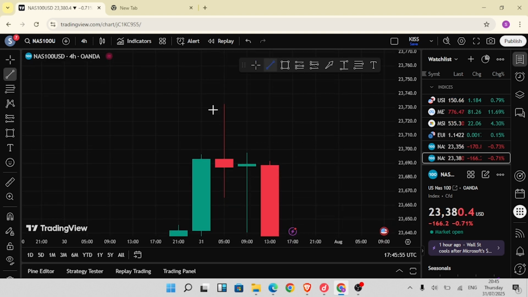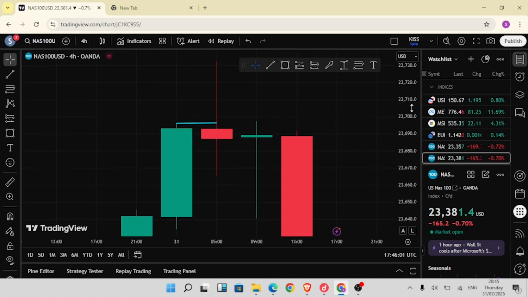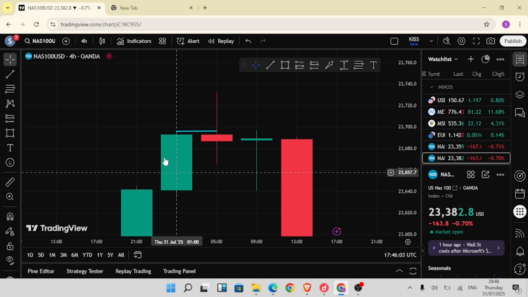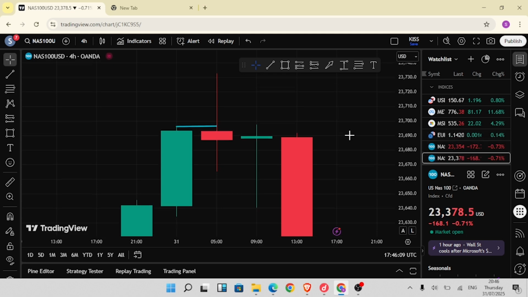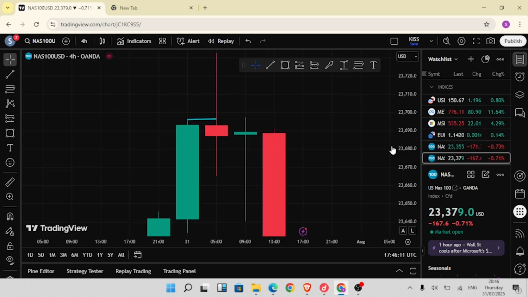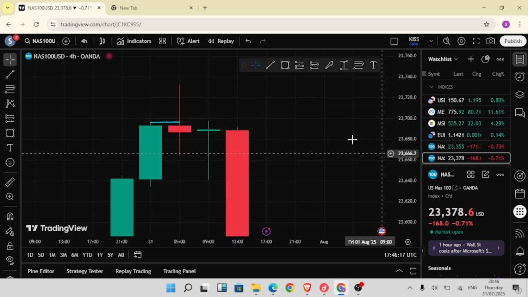And so this right here was a sweep. If you go to the lower time frame, this candle was the accumulation candle and this candle was the manipulation candle. We are therefore going to look for sells in the distribution candle, this and this.